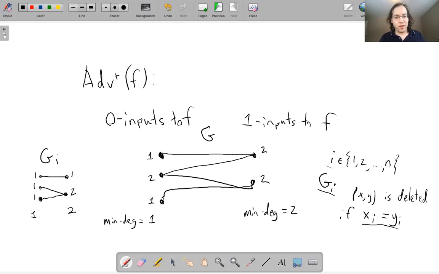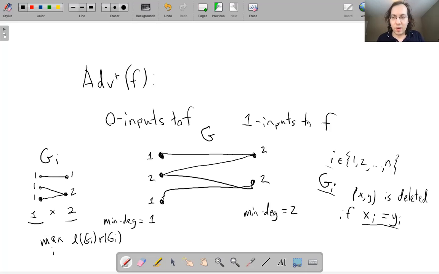And this is for graph G_i. And what we will do is take the maximum over all i of this product of the left degree and the right degree. Maybe we will denote this by L of G_i times R of G_i. Okay, so we take the maximum.